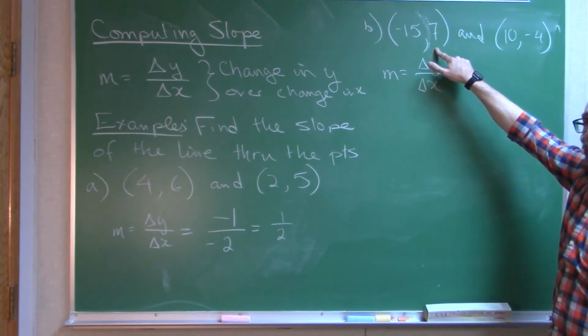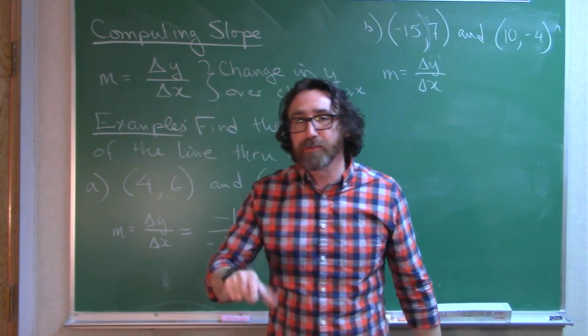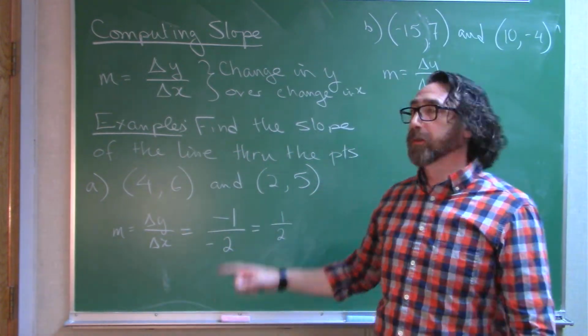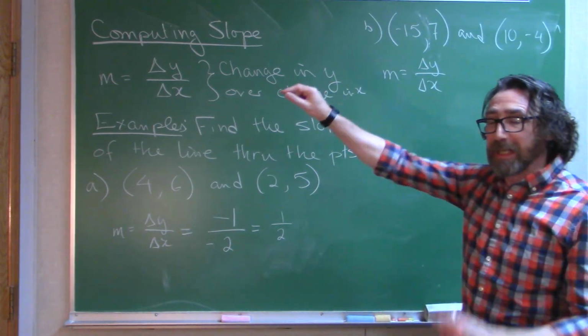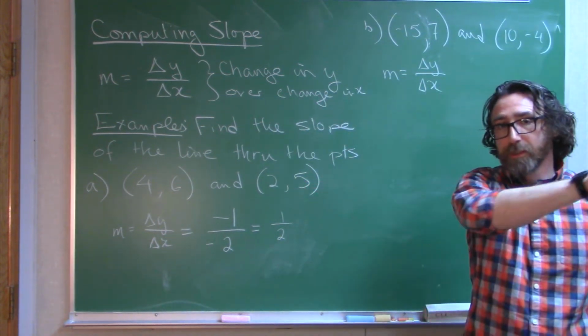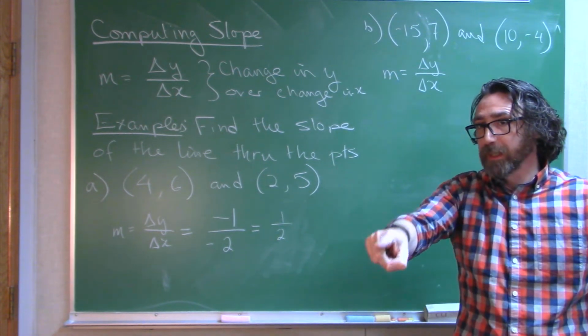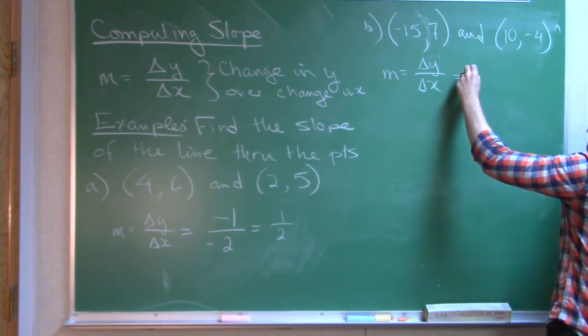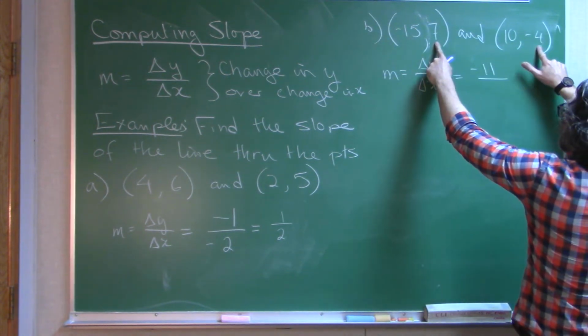My y value starts at 7 and drops to -4. Okay, I started out with a positive and went to negative. So I've gone past 0. I go 7 to get to 0, that would be a drop of 7, but I've gone past 0 all the way to -4. That is a drop of 11.